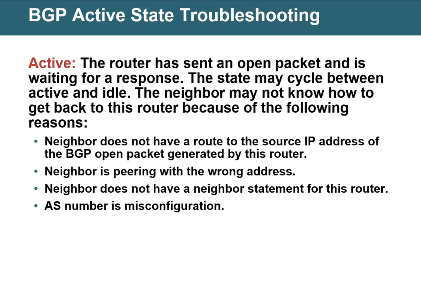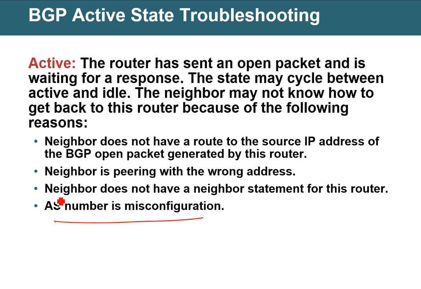Very rarely we'll see active, because active is like a fraction of a second it will come, and it will go to idle until the problem is fixed. What are the reasons why it is not forming neighbor? Four reasons are shown here. If the autonomous system number is misconfigured, you will not form neighbor.